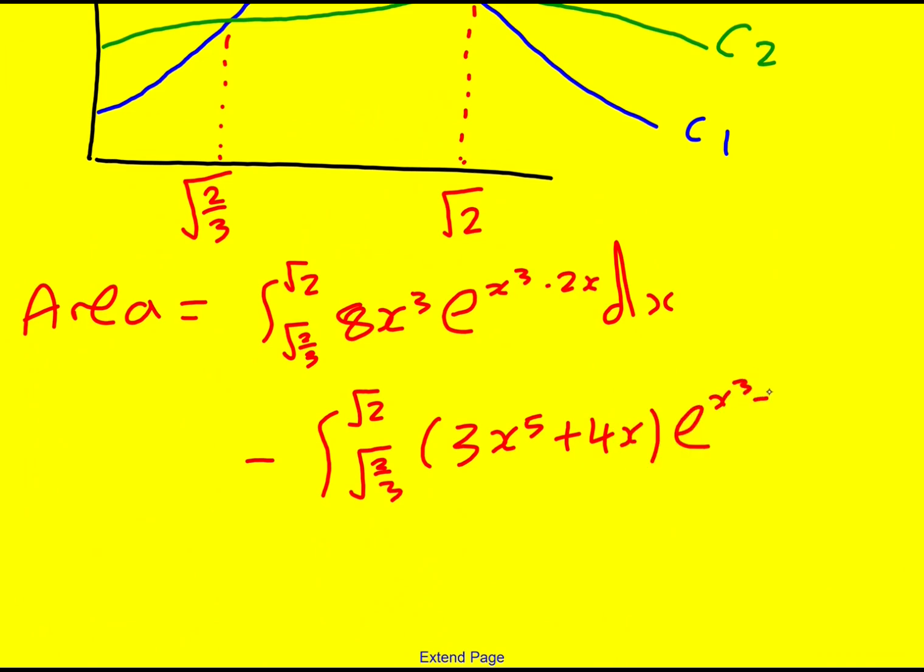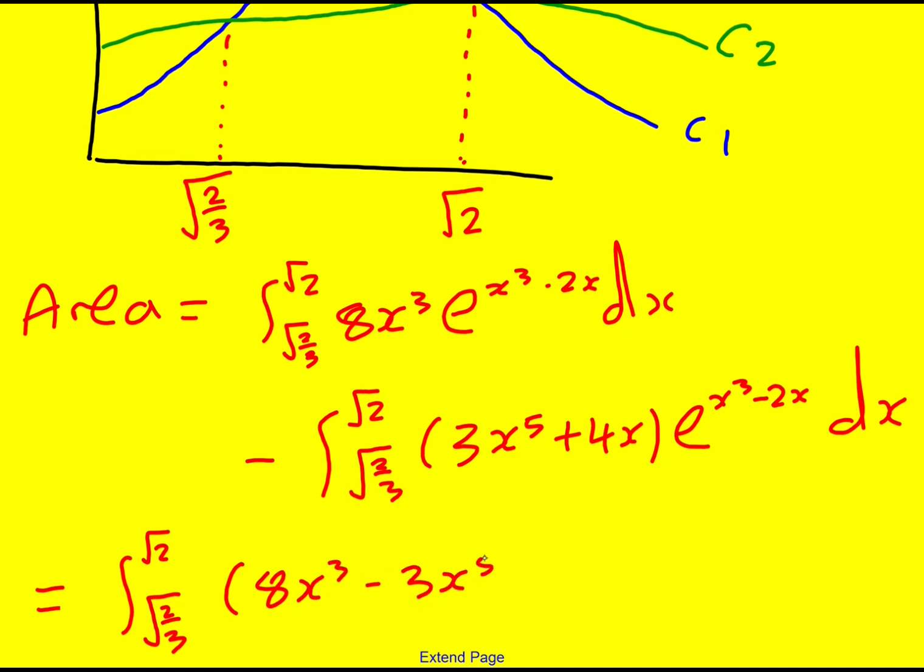This exponential is what makes this tricky. And of course, we can bring this together. That is the two areas separate, but you can just bring the integral together. So we've got 8x cubed minus 3x to the 5 minus 4x, times e to the x cubed minus 2x dx.